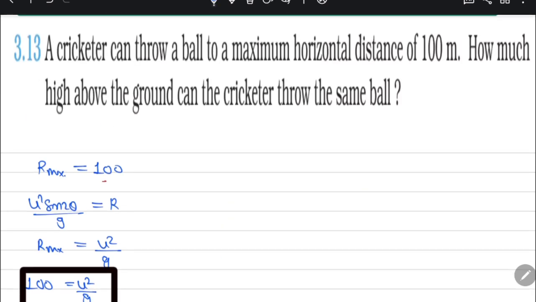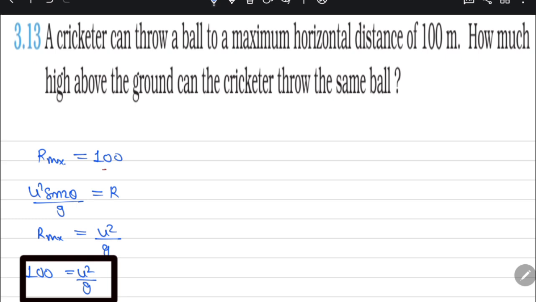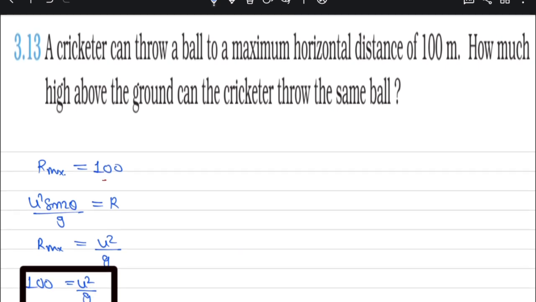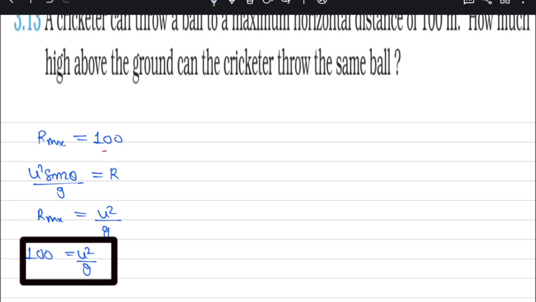Now, how high above the ground can the cricketer throw the ball? Means they are asking h. First you write h max is u square sin square theta upon 2g. So h max means u square by 2g, and we know u square by g is 100.